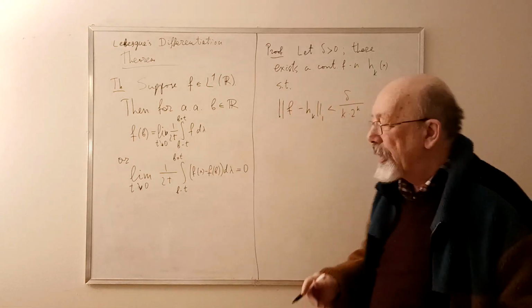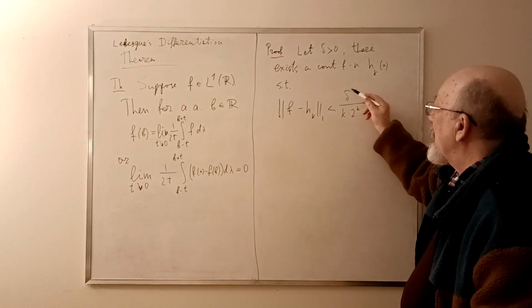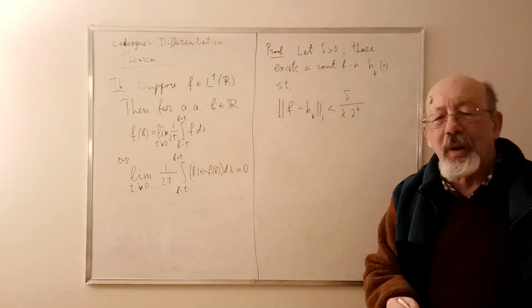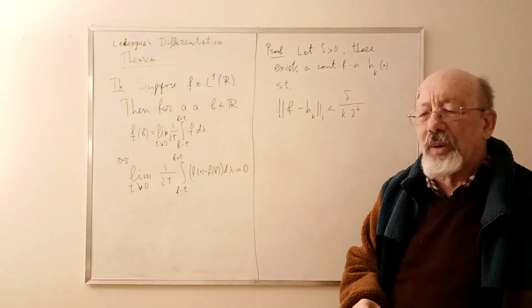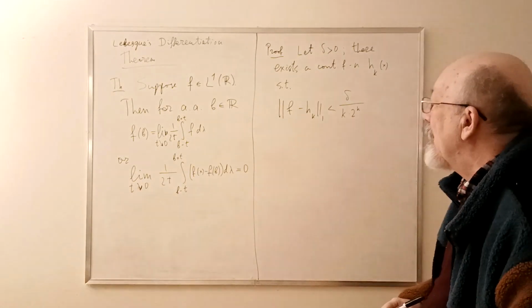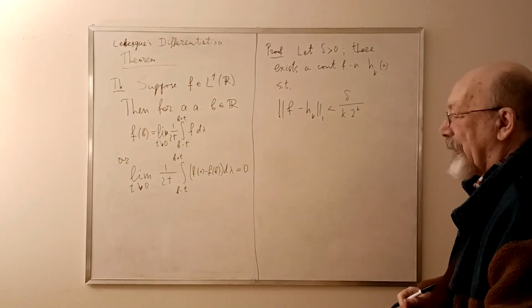Here k can be any number, any small number. We choose this, and then we'll see what happens.